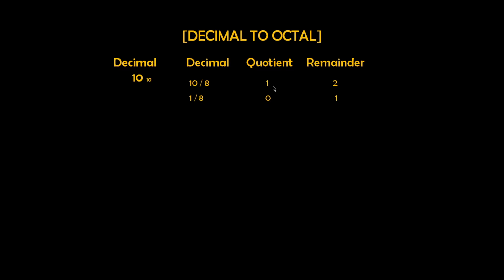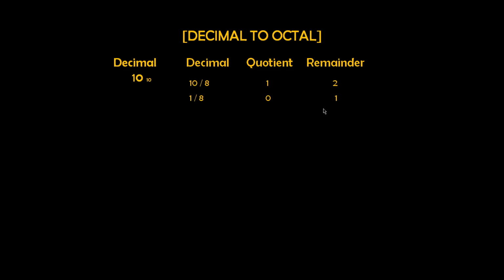So we divide our quotient by 8. 1 divided by 8 is 0, and the remainder is 1. We stop here because our quotient has reached the value of 0.